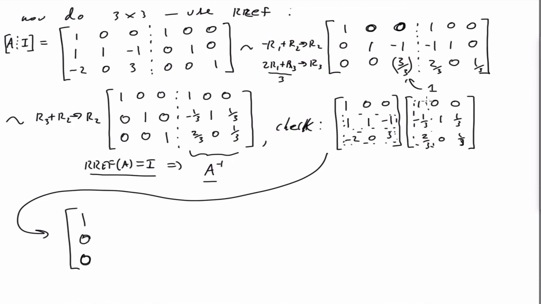Now we go to the second column of the inverse. We multiply that by the 3 rows and then sum. Get a 0 there, a 1 there, and a 0 there.